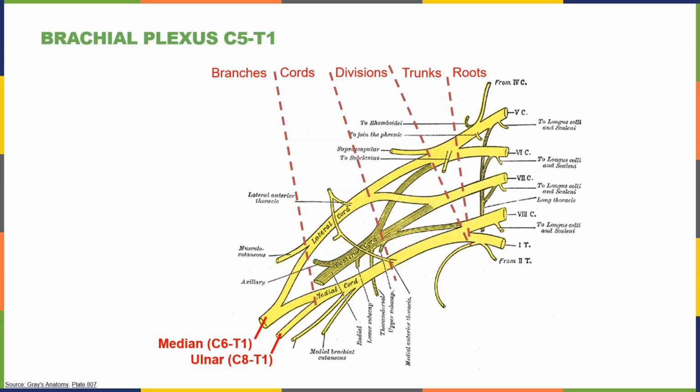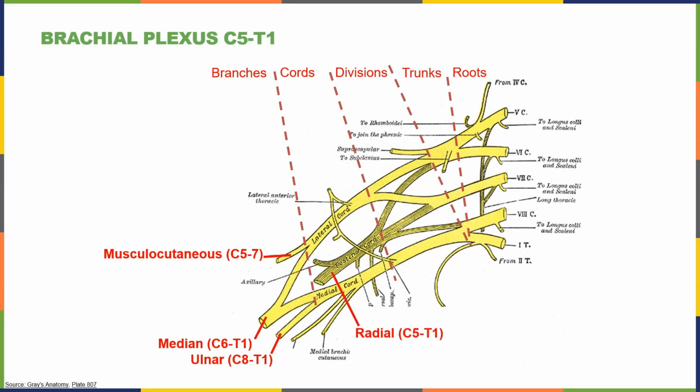And the median nerve travels down the anterior of the arm and forearm along the midline, just lateral to the ulnar nerve. The musculocutaneous nerve arises from C5 through C7 and forms as a branch of the lateral cord that travels down the anterior of the arm.